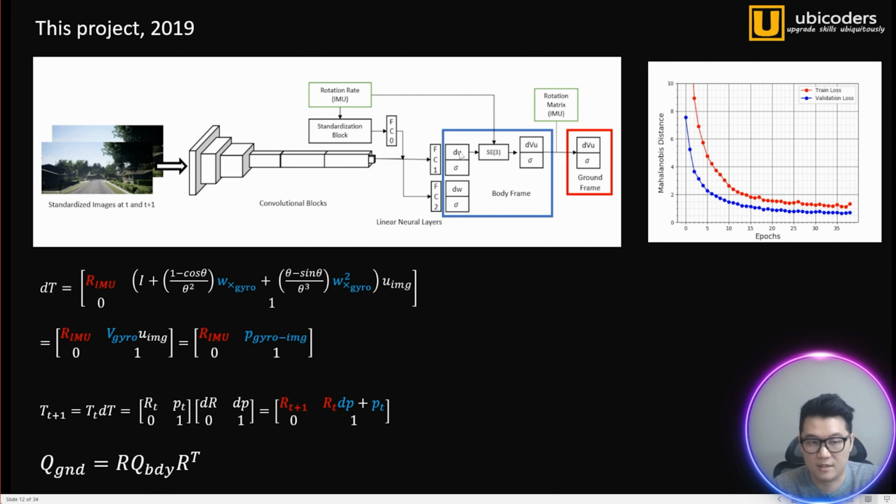So this is linear translational movement and rotation movement. And then I'm just using exponential mapping to estimate the translation in body frame. And then again, I use the rotation matrix to rotate every piece of information, the xyz frame-to-frame displacement, into the ground frame.